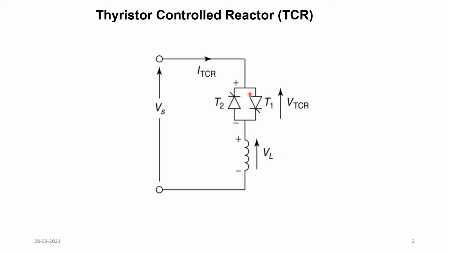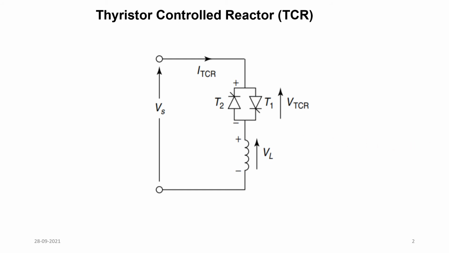If you increase the alpha value from 90 to 180 degrees, it has discontinuous pulses symmetrically, located in both positive as well as negative half cycles. When alpha reaches 180 degrees, the current reduces to 0 due to line commutation.